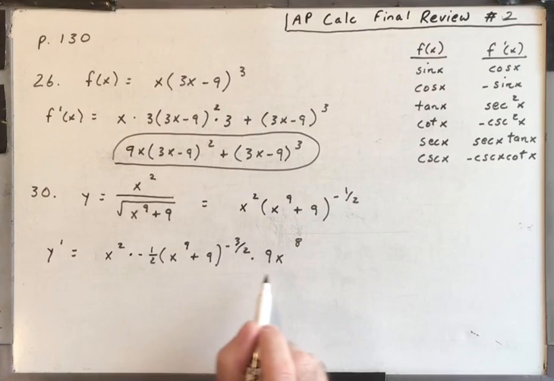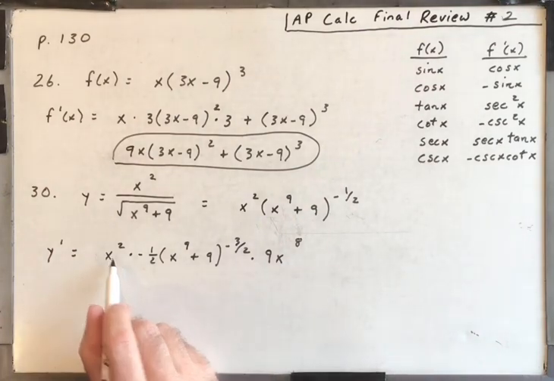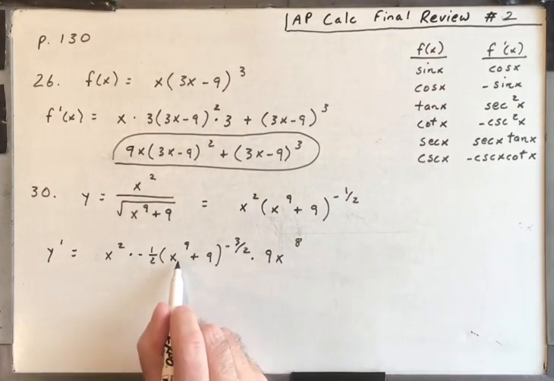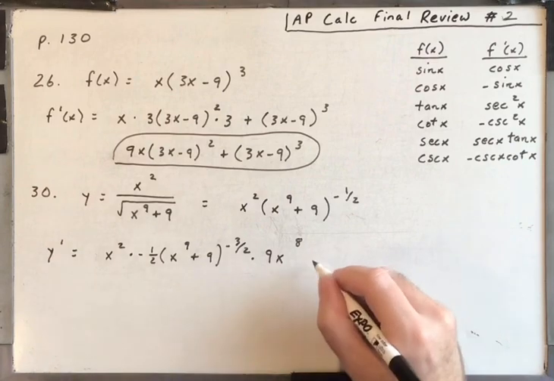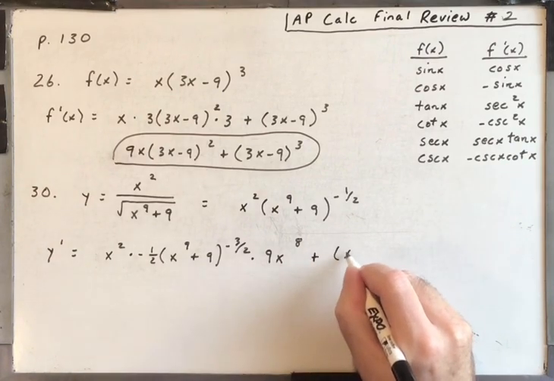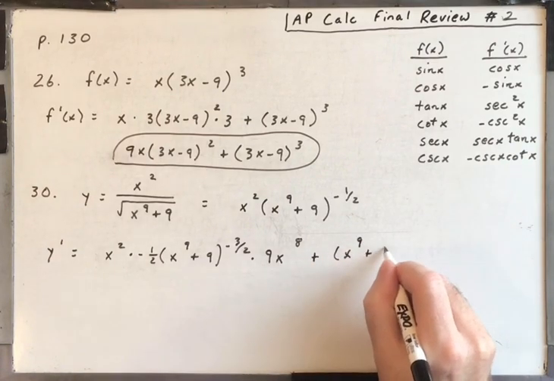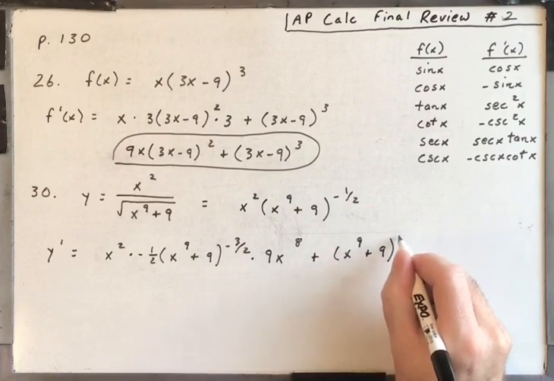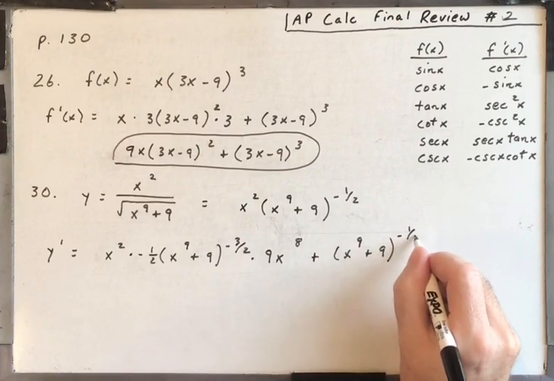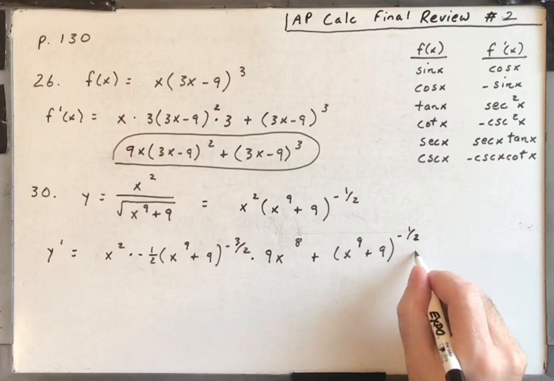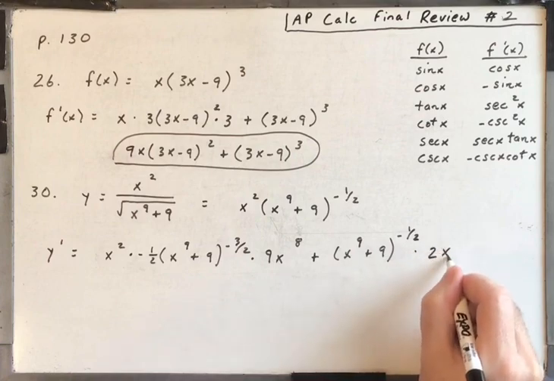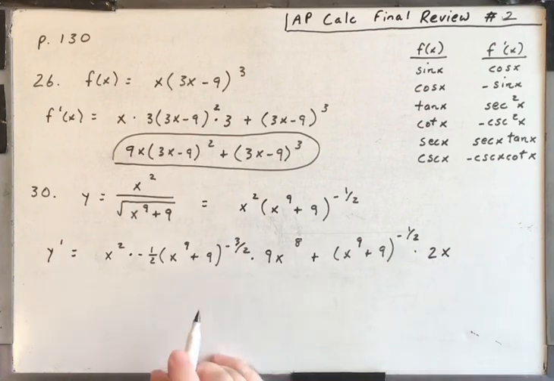This is why I did this problem. Okay, the first times the derivative of the second, don't forget the block, plus the second, (x to the 9th plus 9) to the negative 1/2, times the derivative of the first, 2x.